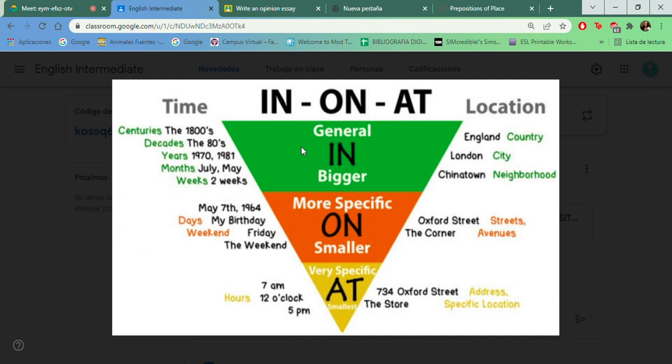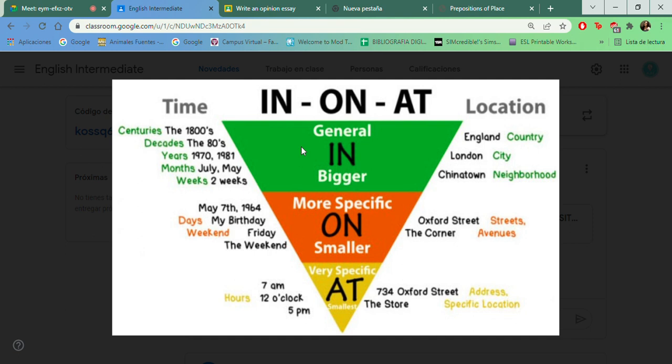This is with the 1800s, but let's talk about something else. We can say, I really loved pop music in the 80s, for example.